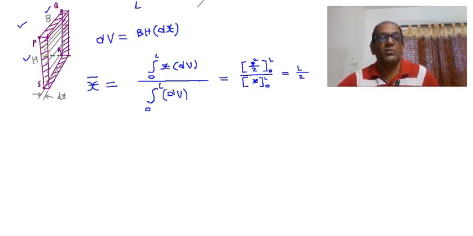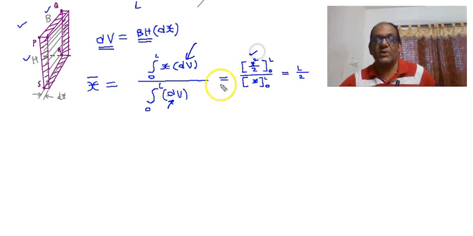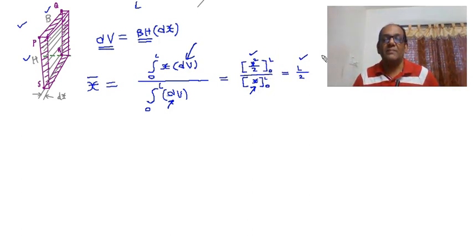We substitute the value of dV into the formulae, that is x times bh times dx in the numerator, and similarly bh times dx in the denominator, the constant term bh gets cancelled down. In the numerator we have x times dx, integral of which is x square over 2. In the denominator you have integral of dx, the integral of that will be x. If you evaluate, you will see that x coordinate of the centroid is at a distance of L over 2.